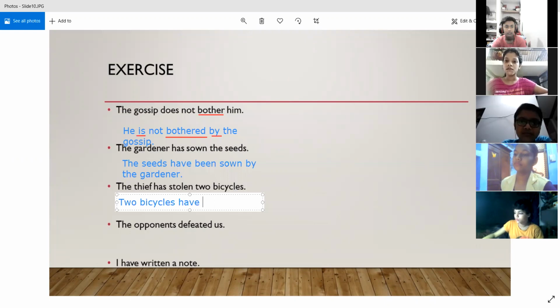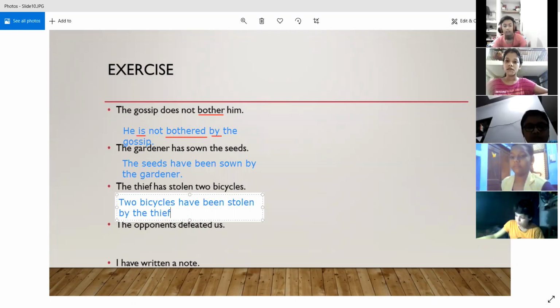Then it would have become has been stolen. But since there are two bicycles, we are using two bicycles have been stolen. And then we are putting the preposition by the thief. All right. So before the object, we have placed the preposition by.